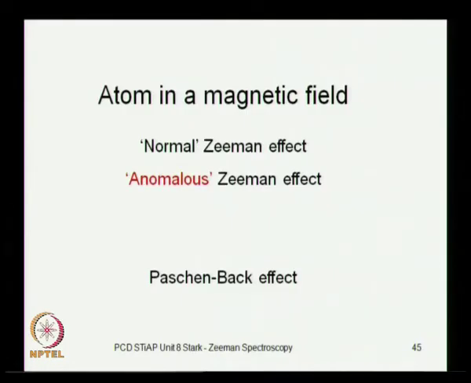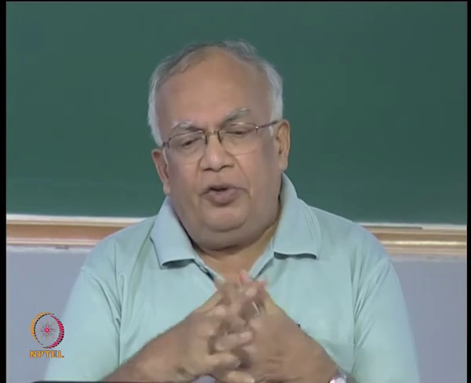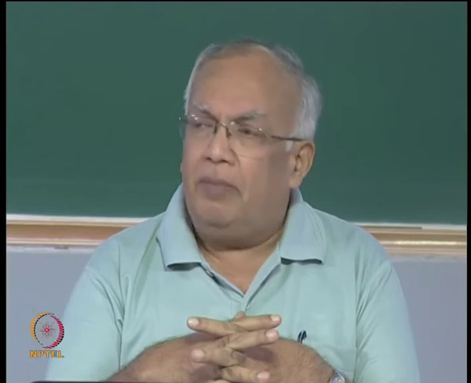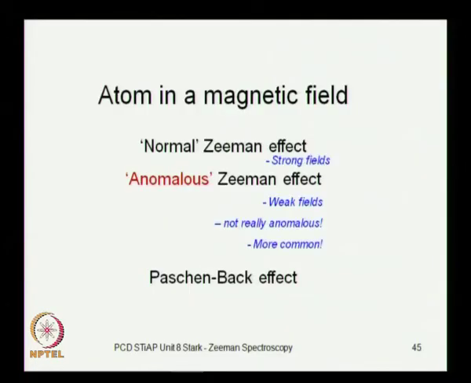Now, we will introduce the discussion on the Zeeman effect. Okay. Now, we consider the atom in a magnetic field, and then there are 3 different phenomena that one talks about, which is the normal Zeeman effect, the anomalous Zeeman effect, and also what is known as the Paschen-Back effect. And typically the normal Zeeman effect is what you refer to when you are dealing with strong magnetic fields.